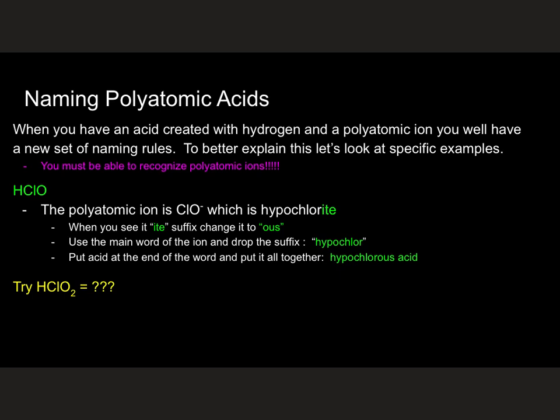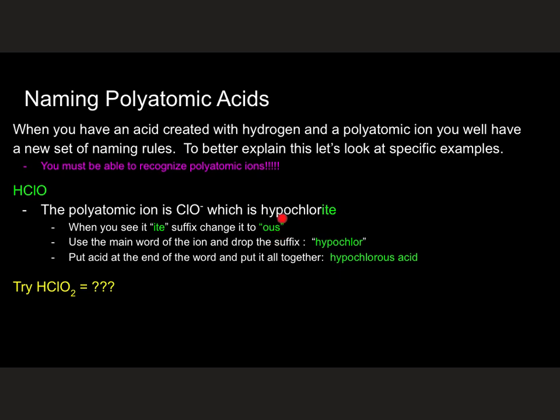And with polyatomics, it's a little bit different, just like it was with our ionic bonds, okay? So first of all, you got to get used to recognizing the polyatomic. And you can see this one over here. Does anybody remember what that is? Well, if you said hypochlorite, you were right. So hypochlorite is the name of our polyatomic, right? So what we're going to do is we're going to replace the ite, and that's what a lot of these have, and then we're going to add OUS.